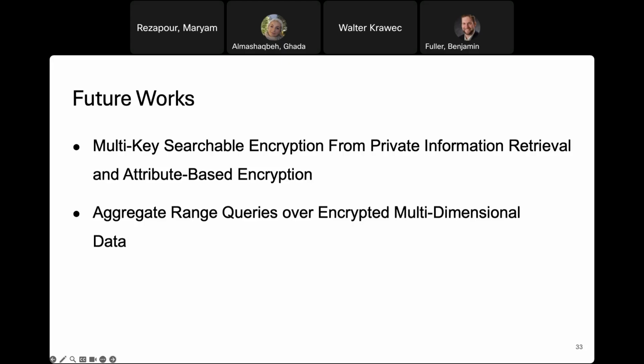As follow-up work, we are now going to design an aggregate range searchable encryption scheme. What's an aggregate? The statistic functions that we are considering right now are sum, mean, median, and mode.